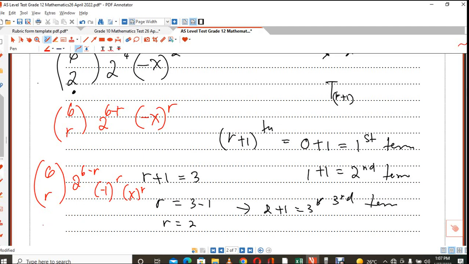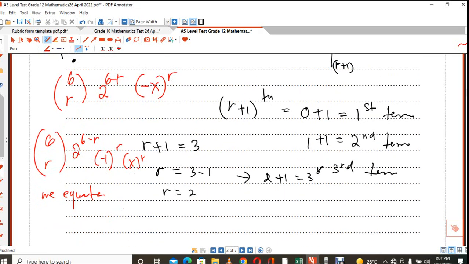Then you equate, because you know what the term is, x squared. So you equate x to the power r equals x squared. It's the same as putting it directly there, because looking at this general formula, it's always going to be x to the r. You understand what I'm saying?